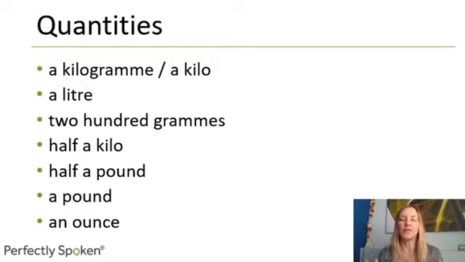In the UK we use metric and the old system, but in the USA they definitely still use pounds, and they use LB to illustrate pounds. And you can convert on the internet. It's very easy to find a way to change pounds into kilos or grams.